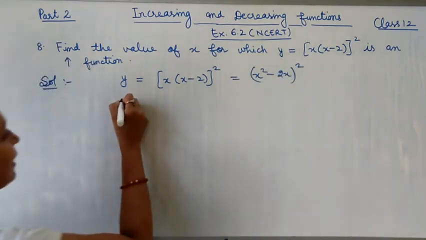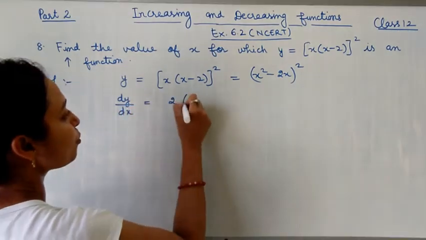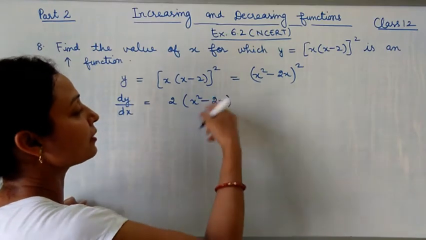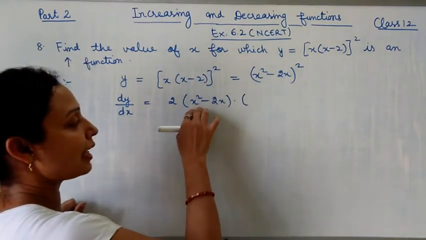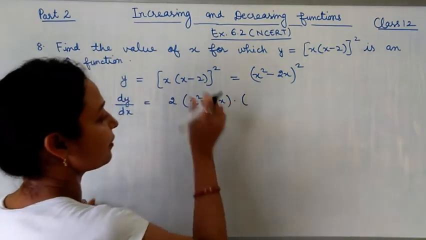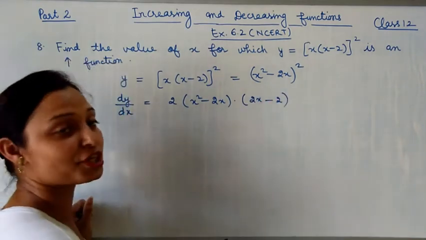Now I will take the derivative: dy upon dx will equal 2(x squared minus 2x), and further the derivative of the inside function, which is 2x minus 2. Okay, this is called the chain rule.